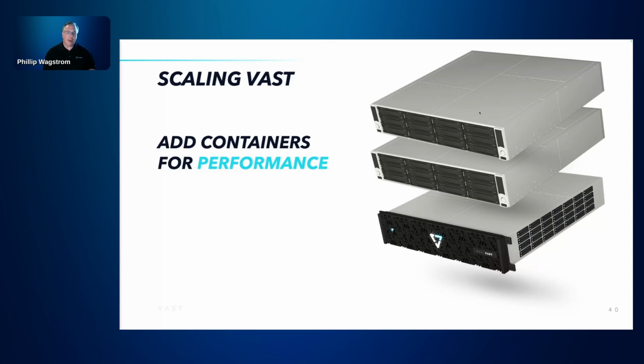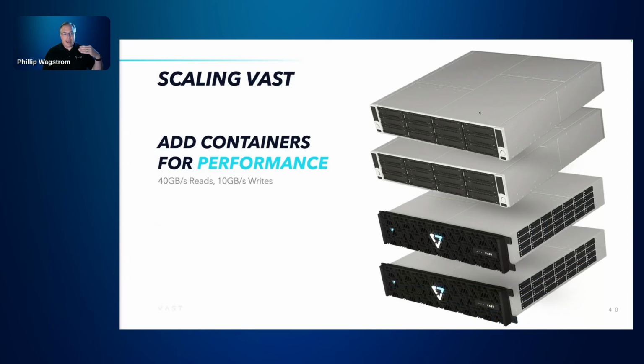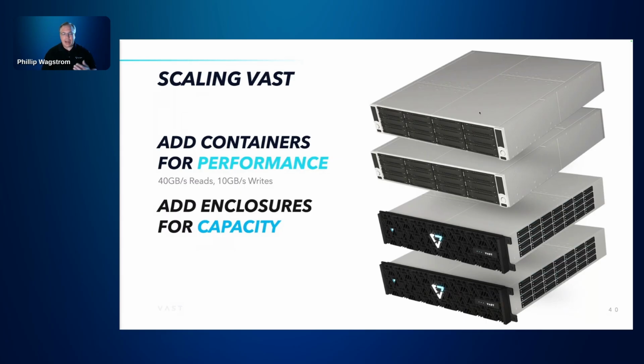If we need additional capacity, we can add D boxes in the back end. So if you need more performance, you add more C boxes; if you need more capacity, you add more D boxes. We scale those independently.